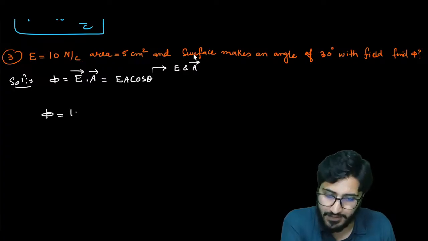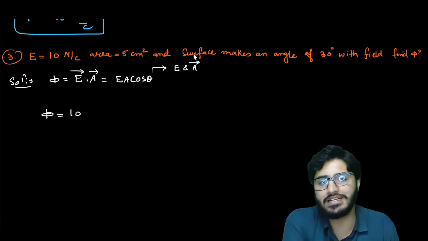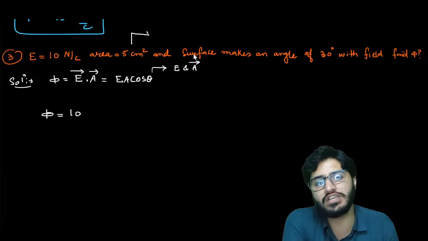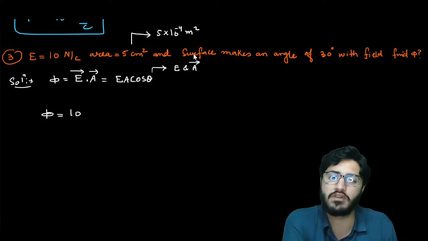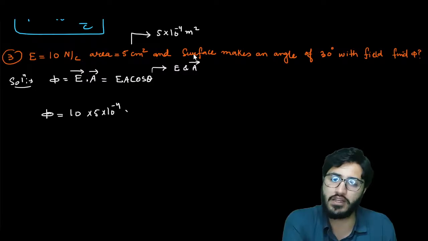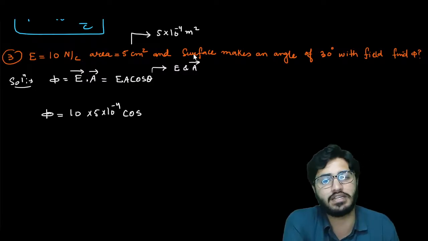E is 10. What is A? It is in centimeter square, so I need to change it into meter square. So I can write 5 into 10 to the power minus 4 meter square. 10 into 5 into 10 to the power minus 4, then cos 30. No, this is not 30 now.